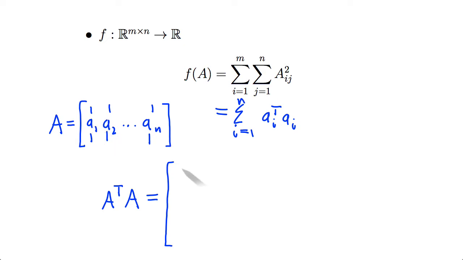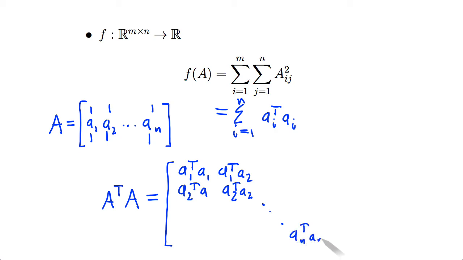So the first item, for example, would be a1 transpose a1. The next would be a1 transpose a2. The next down here would be a2 transpose a1, then a2 transpose a2, etc., all the way down to an transpose an.